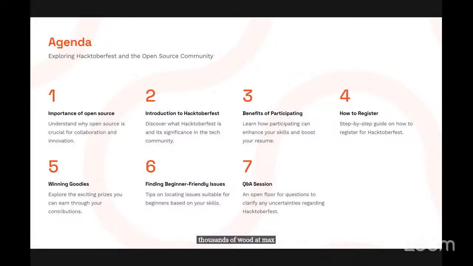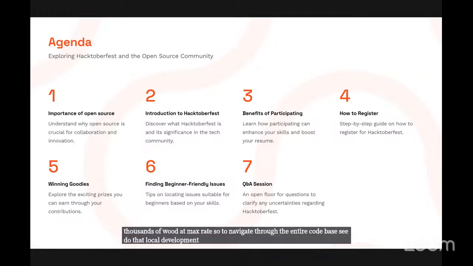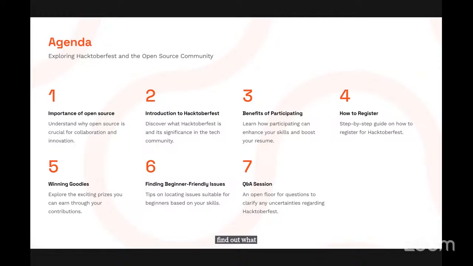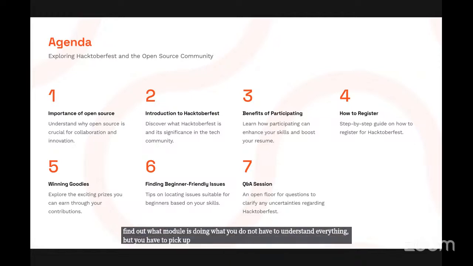So you navigate through the entire code base, do the local development setup, and find out what each module is doing. You do not have to understand everything, but you have to pick up a module and see how it works, and if there is any improvement you can make, or any issue you see that you can work upon.